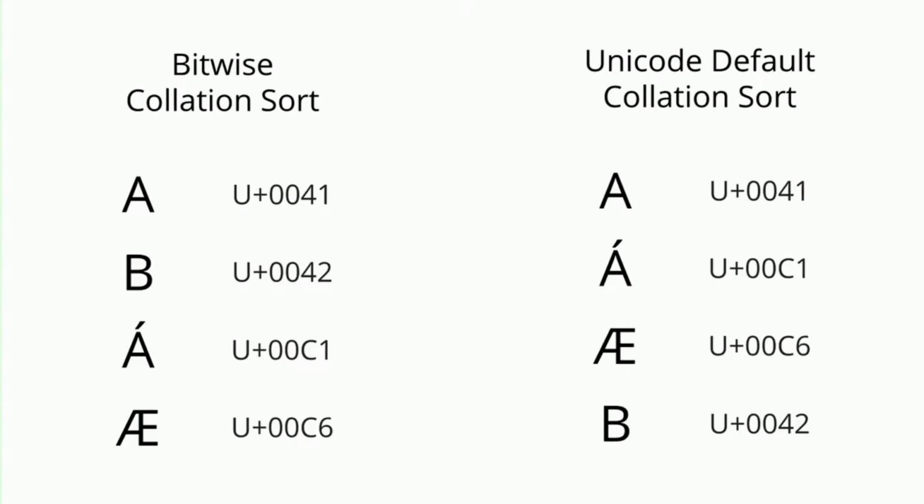That obviously has some differences to bitwise. It can do really nice things, like it knows that the A's go together, for example. But otherwise, if you're using this bitwise collation, you'd end up with some of the A's with accents after your entire standard Latin alphabet.